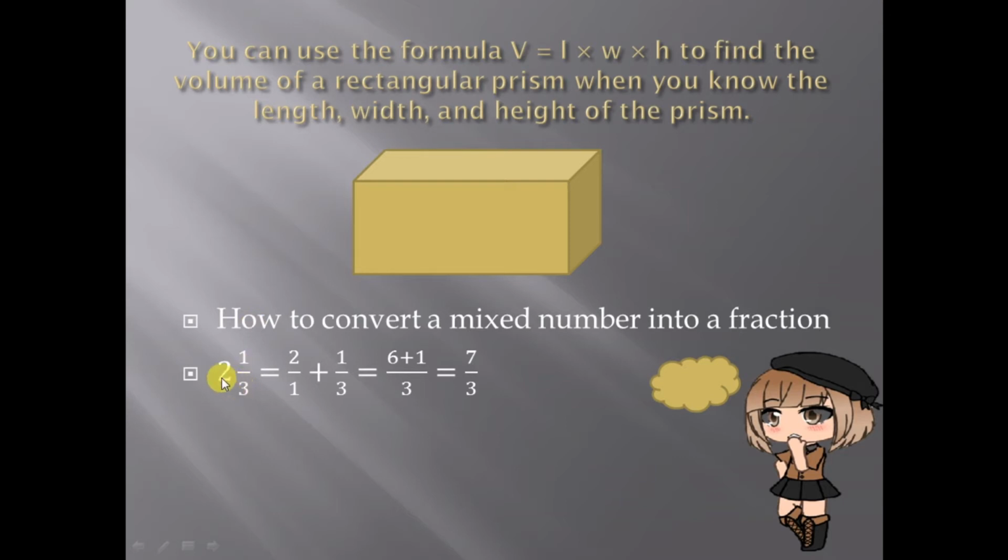So 2, we will first convert into a fraction by putting 1 in its denominator. So it will be 2/1 plus the second part of this mixed number, which is 1/3. So this number can be written in this form, 2/1 plus 1/3, right?